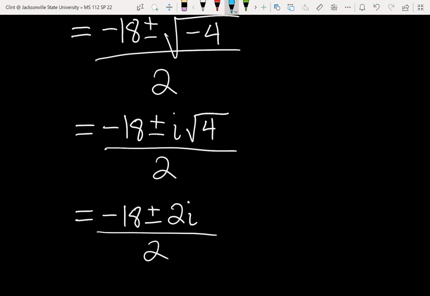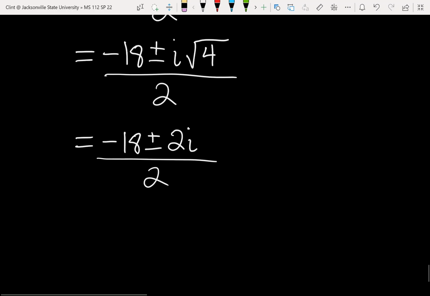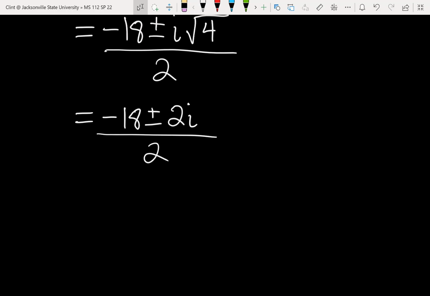But typically when you have an i and a radical involved in a term, you write the i in front. A little side note here. Typically we'll write i square root of 4, because if you write square root of 4i, it's tricky to tell if the i is supposed to be under the radical or not. So that's why the i gets switched around like that. Then we can split this up.